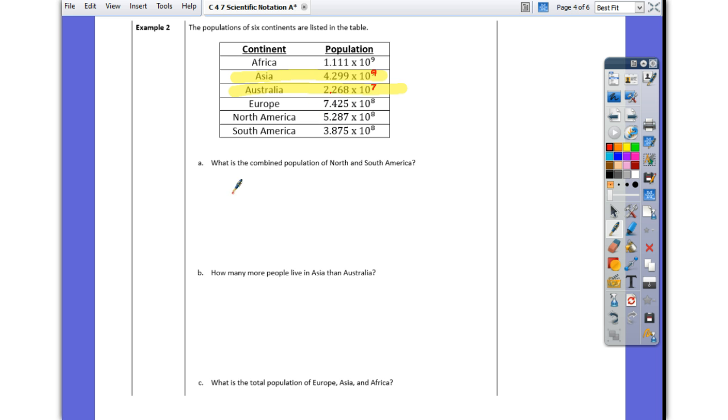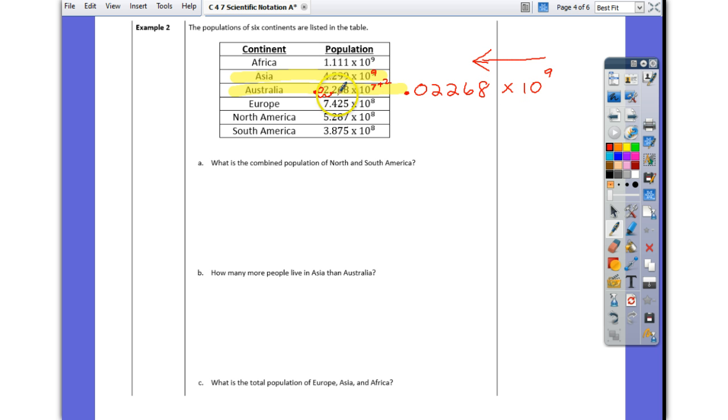Go to the right or to the left? To the left, I add exponents, so 1, 2, put a 0, and I add 2, so my new number is 0.02268 times 10 to the 9th power.